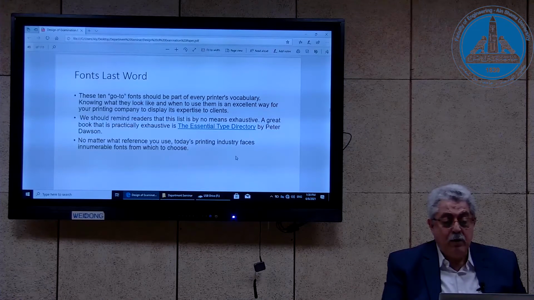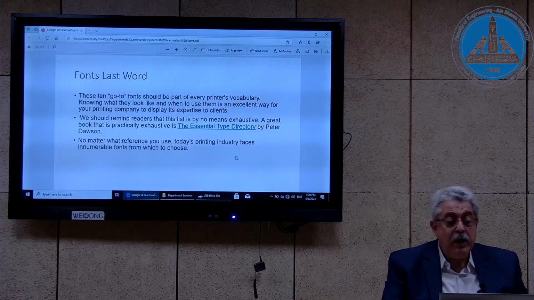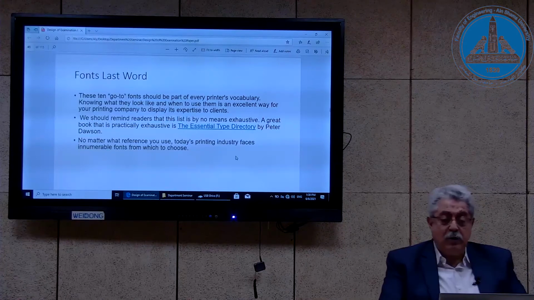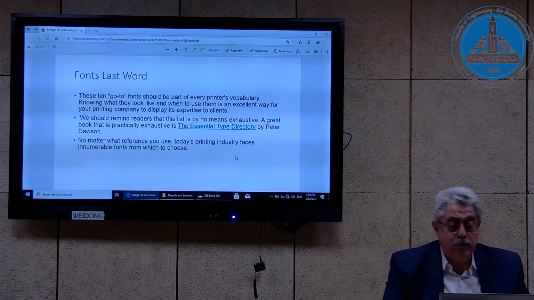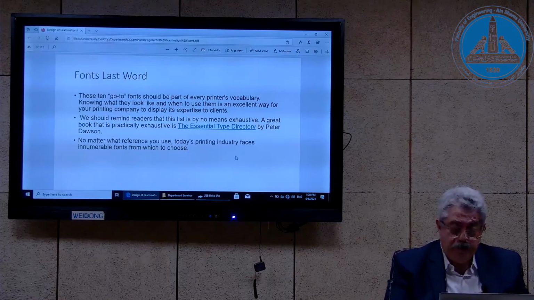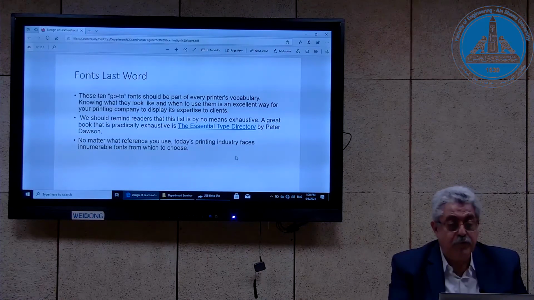We should remind readers that this is by no means an exhaustive list. A great book that is practically exhaustive is the Essential Type Directory written by Peter Dawson. No matter what reference you use, today's printing industry faces innumerable fonts from which to choose. There are too many choices.